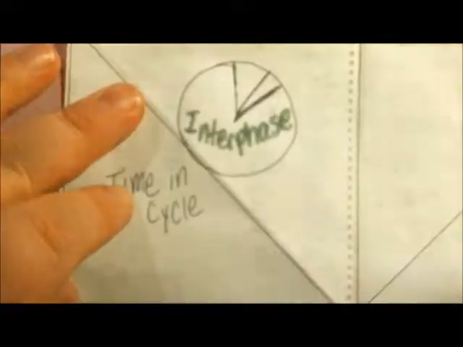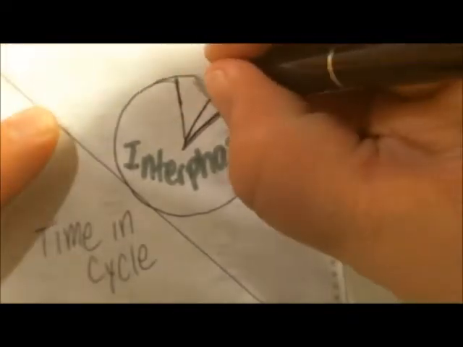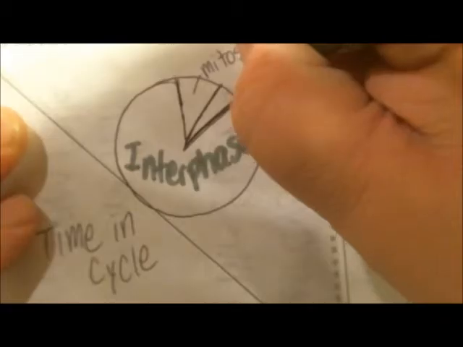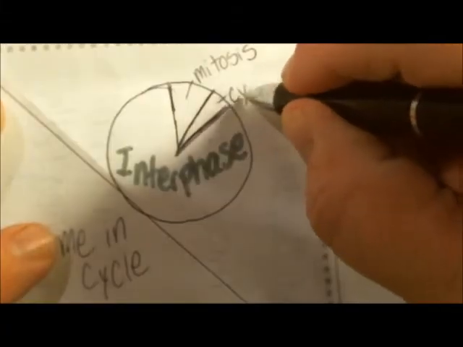It doesn't matter what colors you're using here. Of the 2 slices left, the larger of the 2 is mitosis. And the smallest is the longest name, cytokinesis.